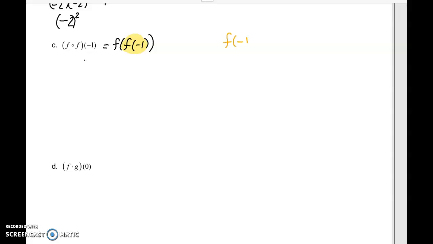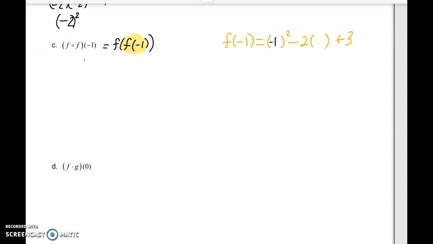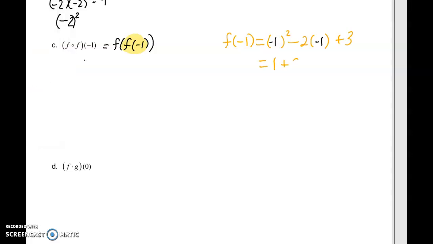f at -1, function f was x squared minus 2 times x plus 3. So I'm going to plug in my input of -1, and let's evaluate it. Let's see, what do we get? We get 1 plus 2 plus 3. This 2 is positive because multiplying a -2 by a -1 becomes positive. So you end up with 6. So that replaces this highlighted portion.